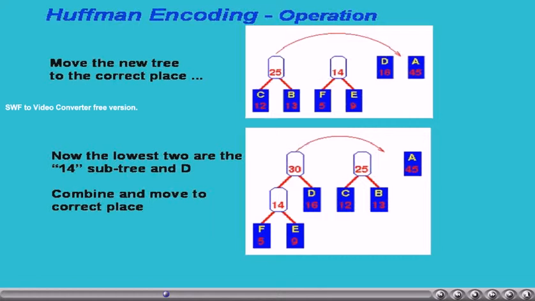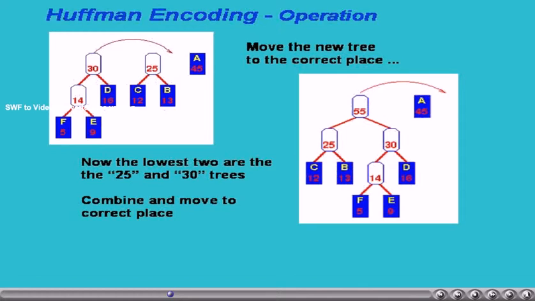Now the lowest 2 are the internal node whose frequency is 14, which is created by adding 2 symbols, and D. Now we are going to add these 2 things, and then the resulting internal node will move into the correct place.